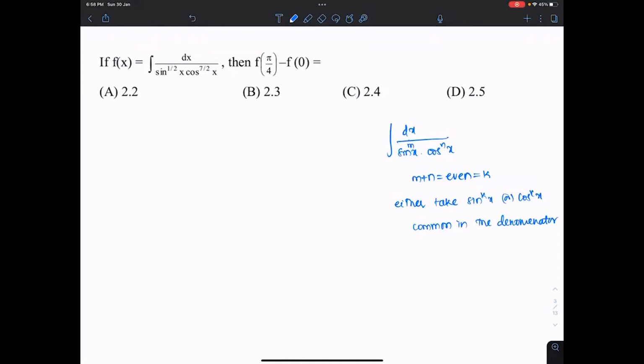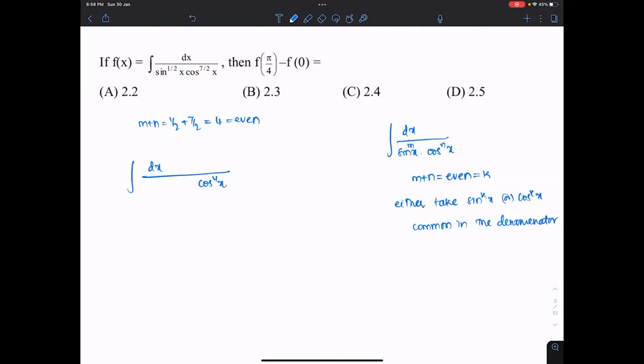So here, powers if you add m plus n, that is 1 by 2 plus 7 by 2. How much it is? 4. Even. Now, from the denominator, either you take sine power 4x or cos power 4x. Let's take cos power 4x common. So cos power 4x I am writing here. Then already when you're taking cos power 4x common, one common term will be cos power 7 by 2.